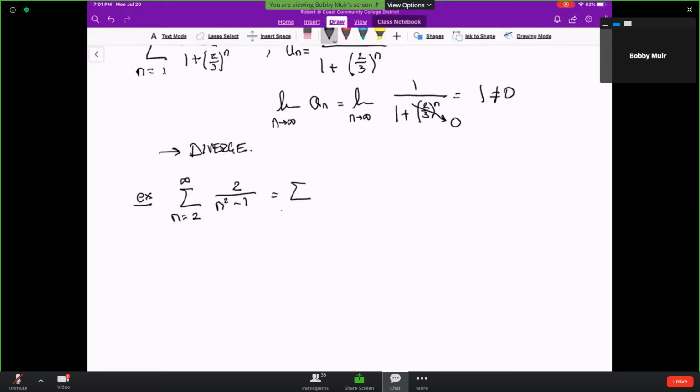So what we do is we do the partial fraction decomposition. 1 over n minus 1 minus 1 over n plus 1.